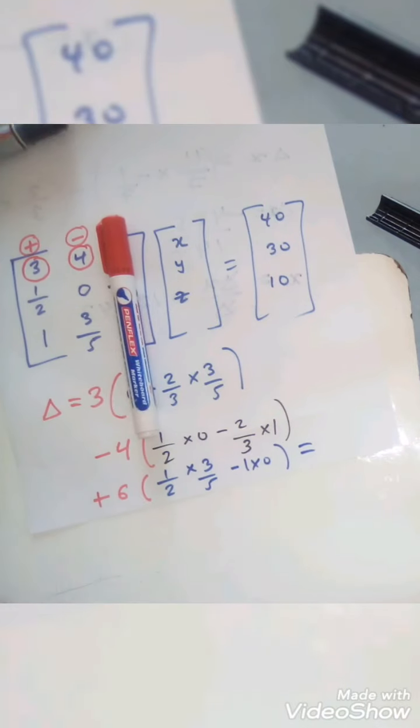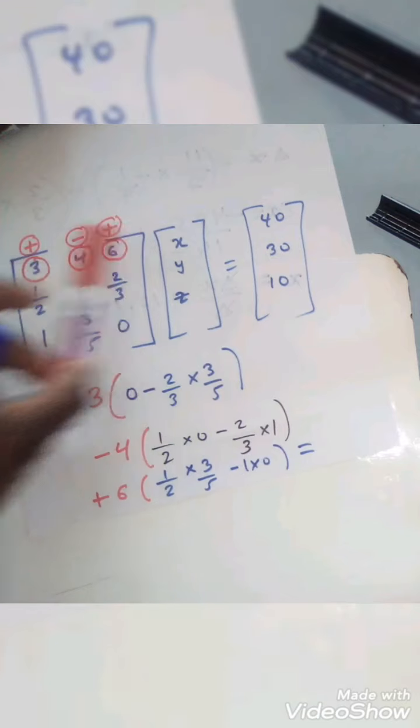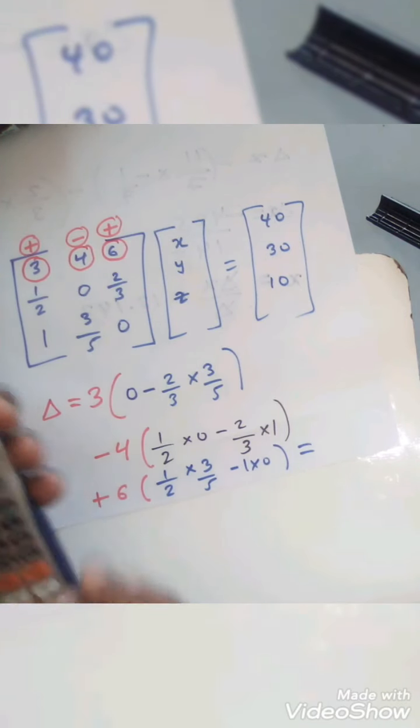Now if you calculate this, you're going to get the determinant of this matrix. So let me just use my calculator to see what the determinant is going to be.